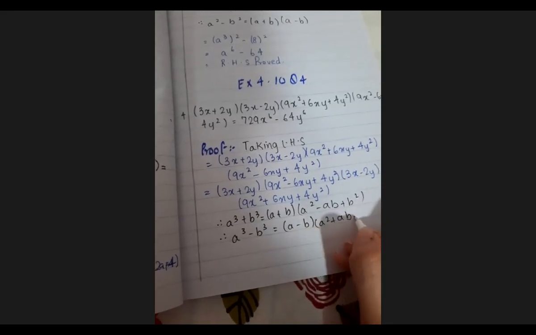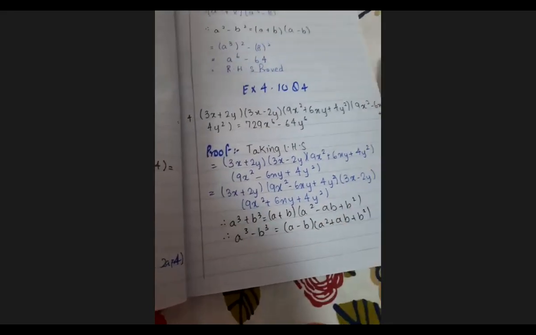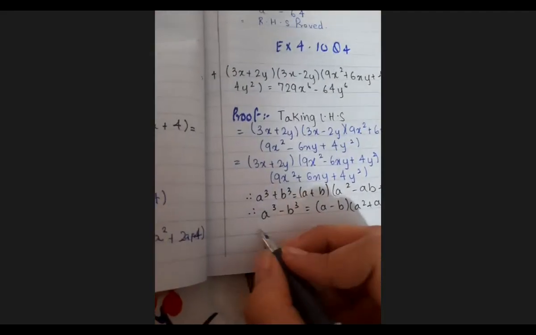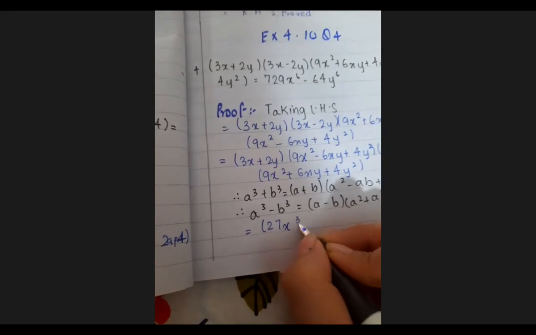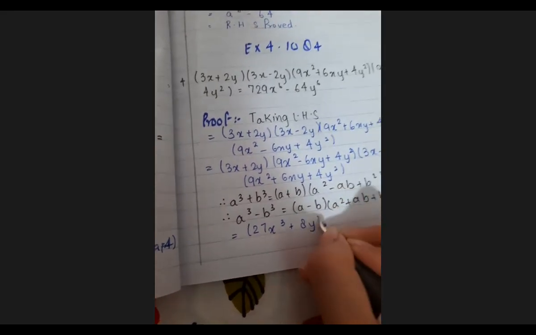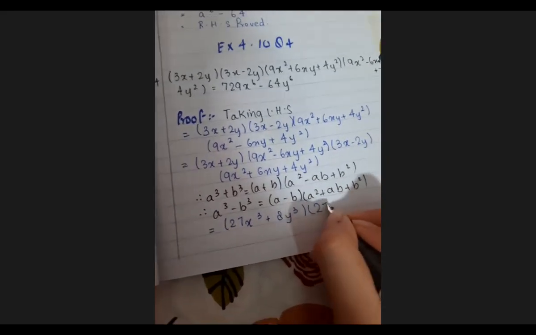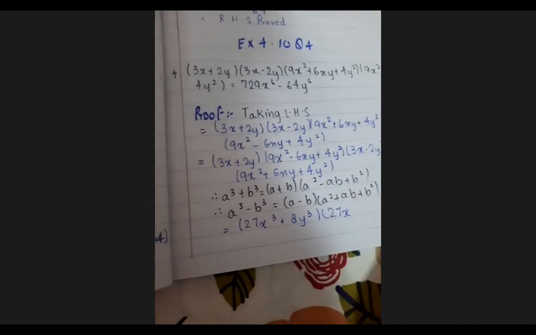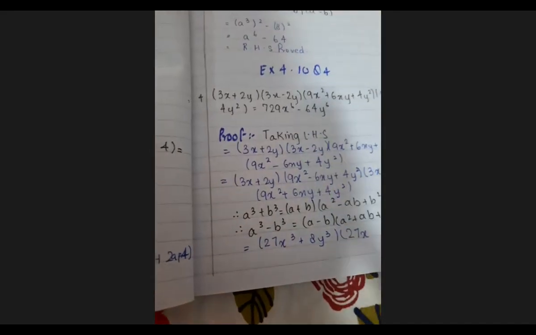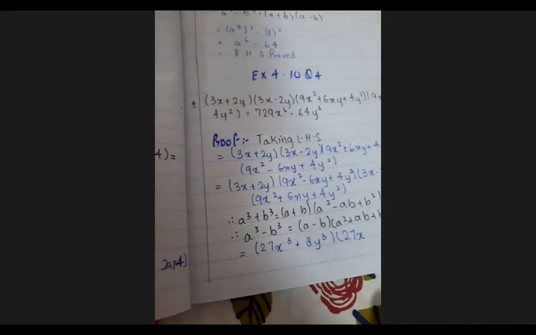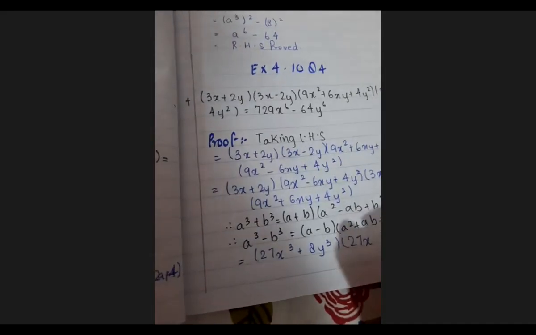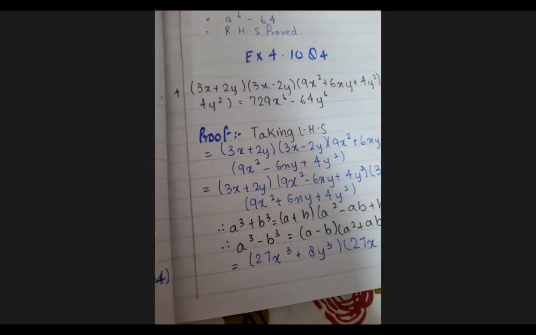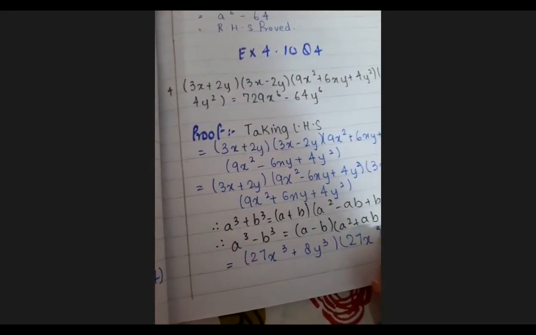Okay, fine. Beta, why 27 8y cube? First, you will write that 3x whole cube. Okay, fine. If you are doing it directly, okay, fine. But you should not miss this step. Next time, do not miss this step.